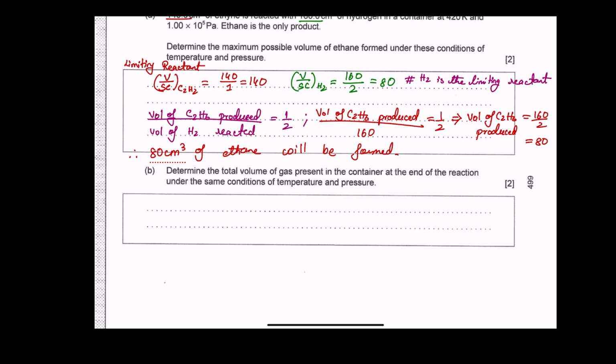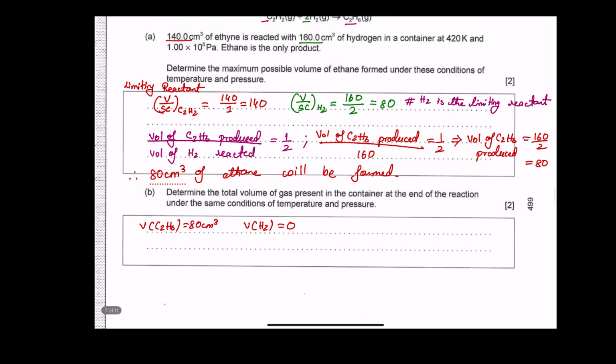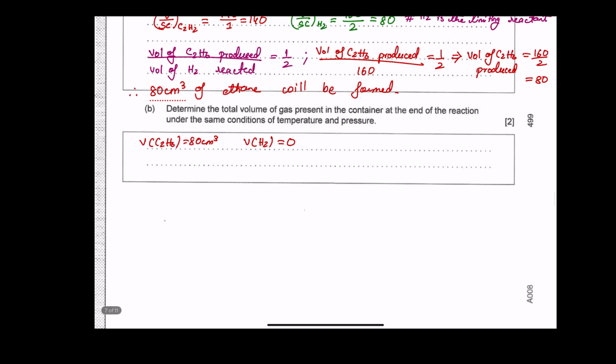Now, next we have to determine the total volume of gas present in the container at the end of the reaction. So the volume of ethane, C2H6, will be 80. Volume of H2 will be 0 because all of the hydrogen will get used up. Now, we have to identify how much ethyne will react and how much will be left behind. For that, again, we write a stoichiometric ratio between C2H2 and hydrogen: volume of C2H2 reacted to volume of H2 reacted.